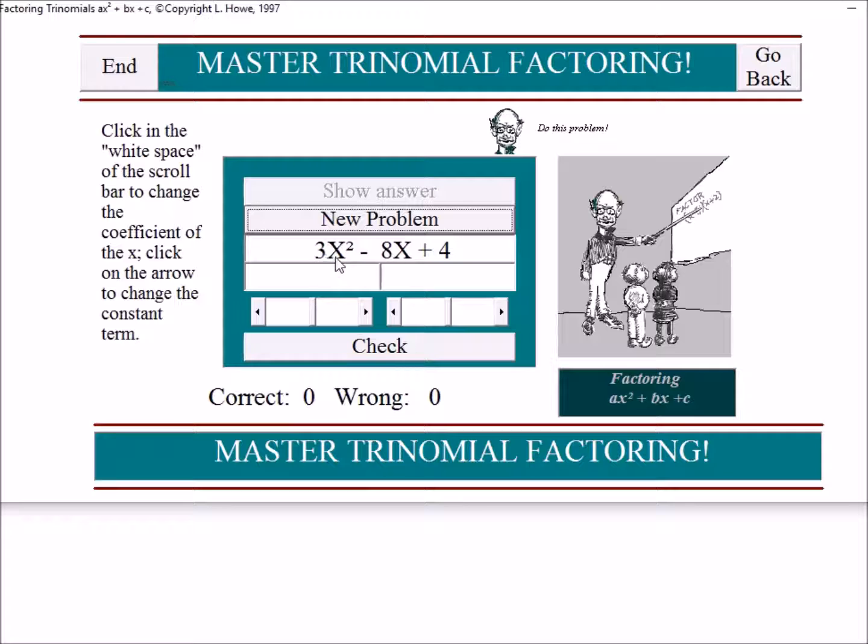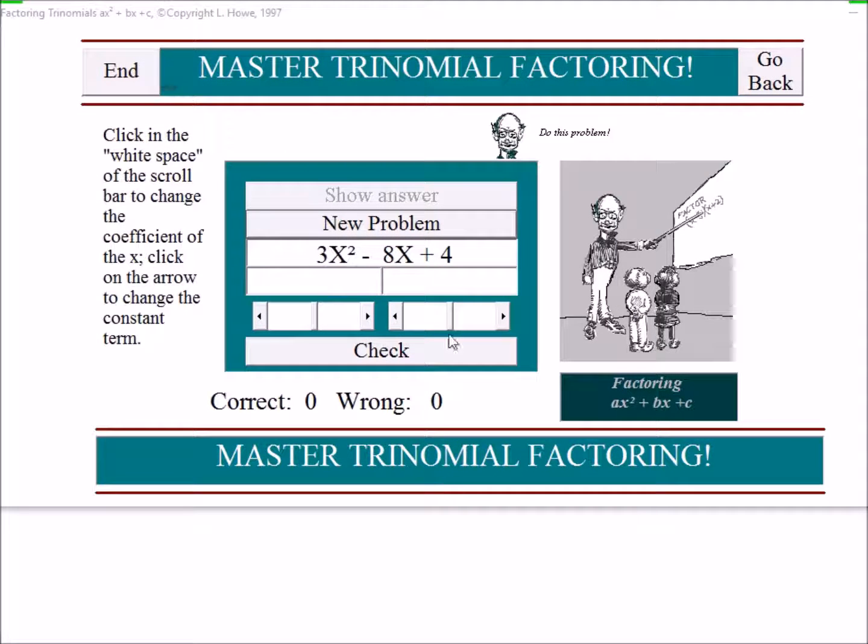I can't use the complete read what I need, but I can use the information about the signs. So right here, this plus tells me to look next door. I know that both of these quantities have to be minus. And there has to be an x in here and an x in here.